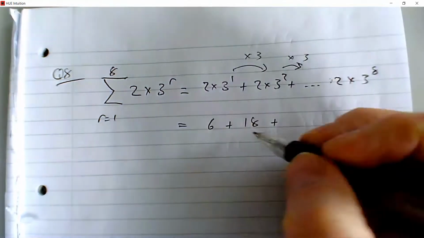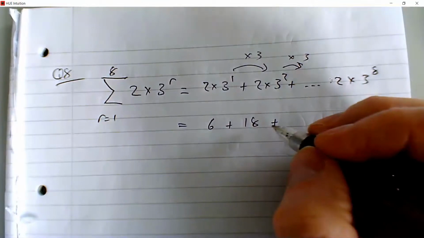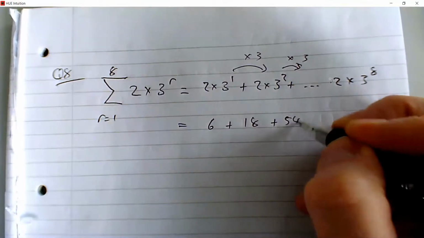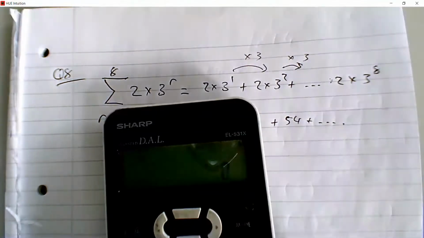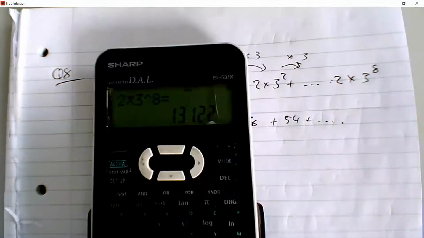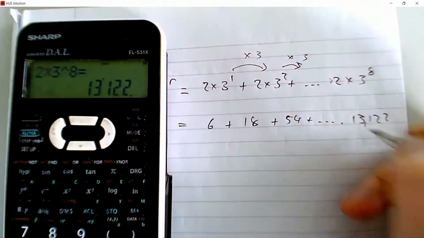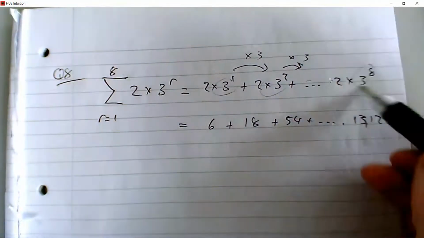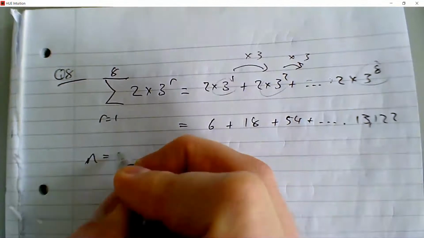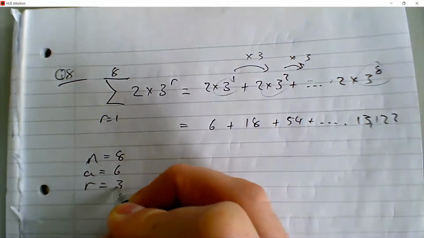So 3 times 18 is 54, plus and so on up to 2 times 3 to the power of 8, which is 13122. But the big thing you want to spot is that there are 8 terms. Our first term is 6 and our common ratio is 3.